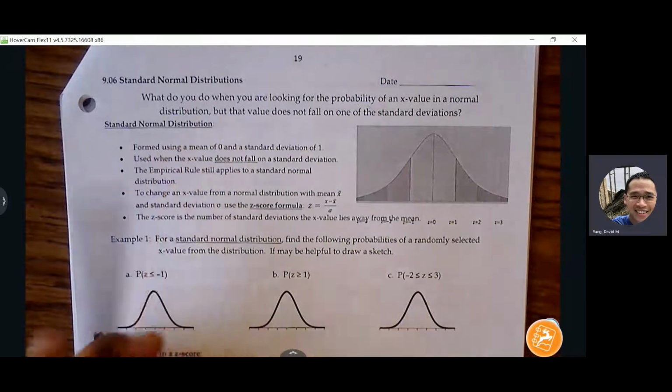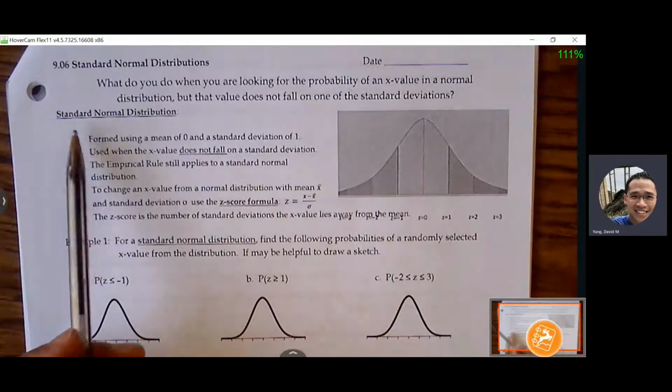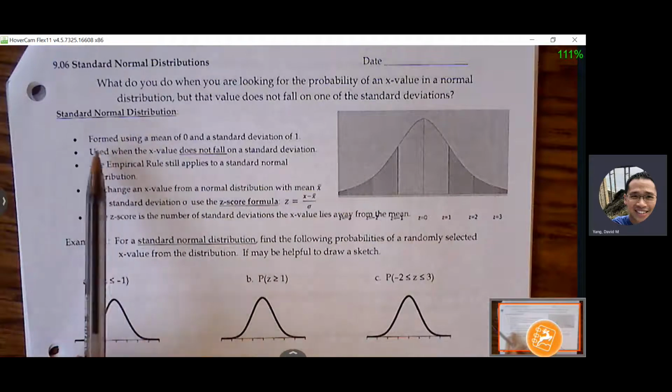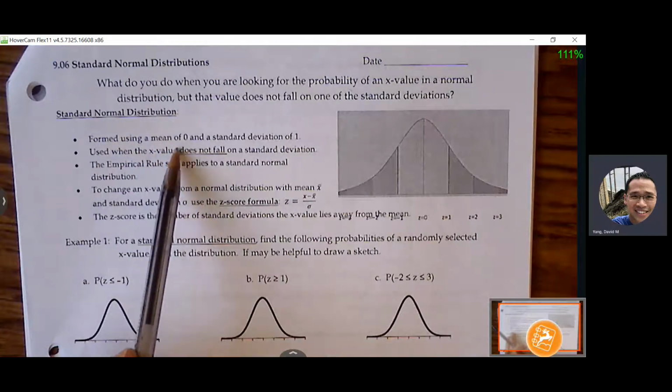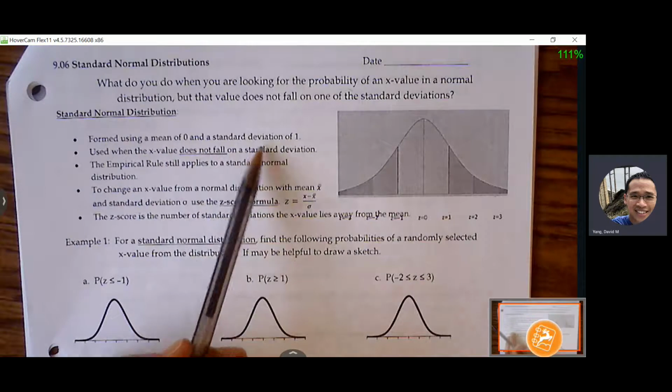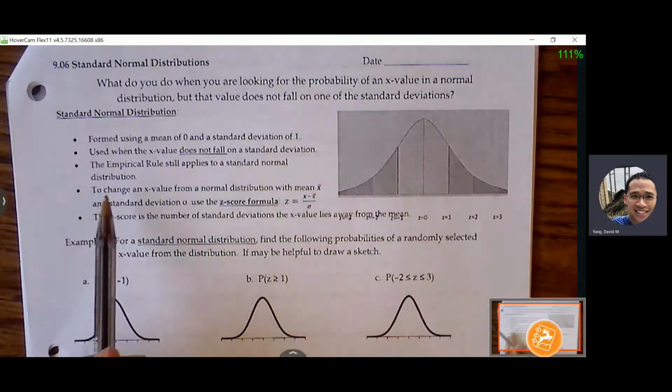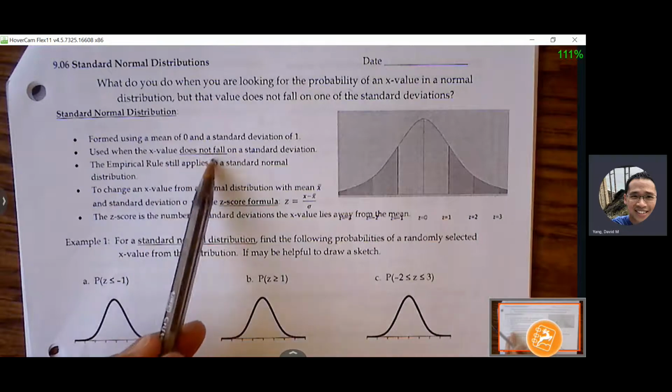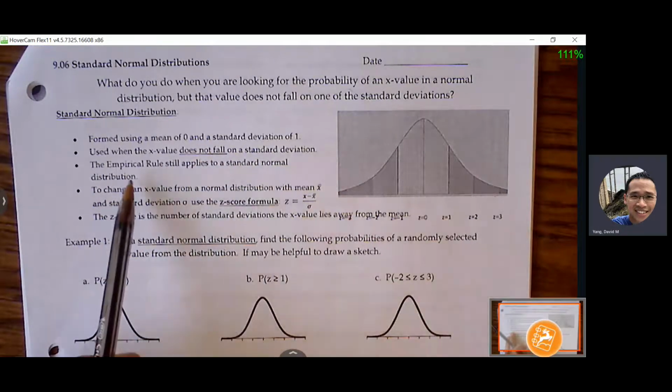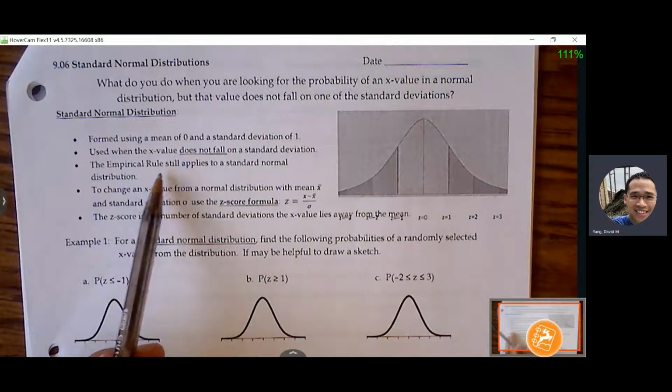So let me go through some of these notes here. A standard normal distribution is formed when using a mean of 0 and a standard deviation of 1. Okay. So we're going to use this when the x value does not fall on a standard deviation. The empirical rule still applies to a standard normal distribution.